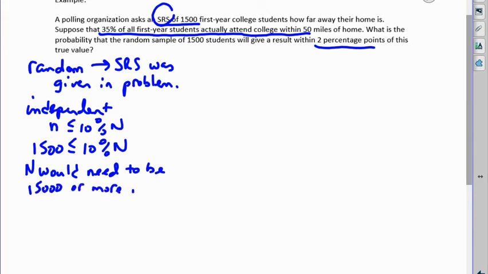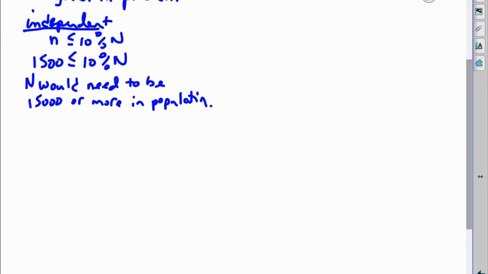I think that's probably reasonable because they're asking first-year college students in general. A lot of times, if it's for a specific school, they would have had to say a large college or a large high school. That would give you the information that you have your independence.